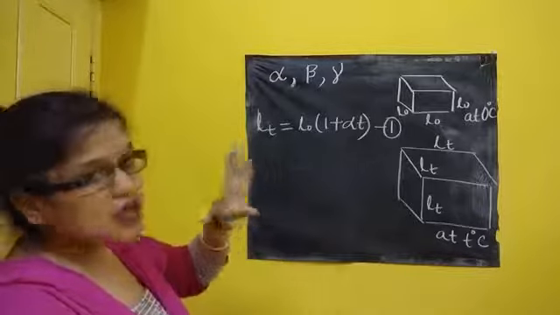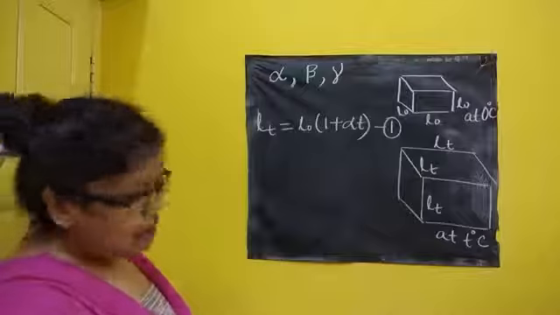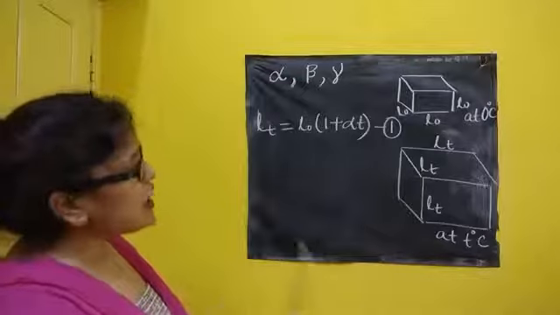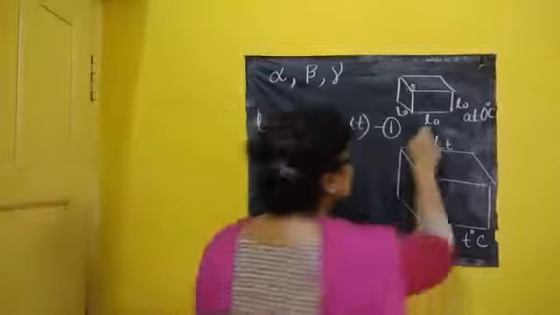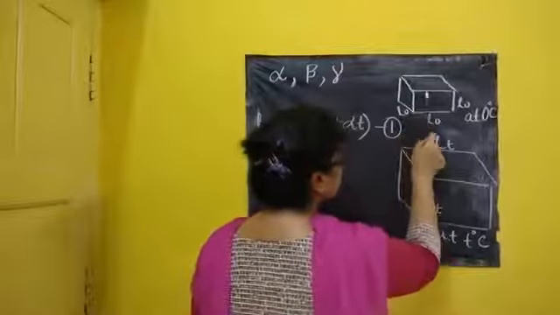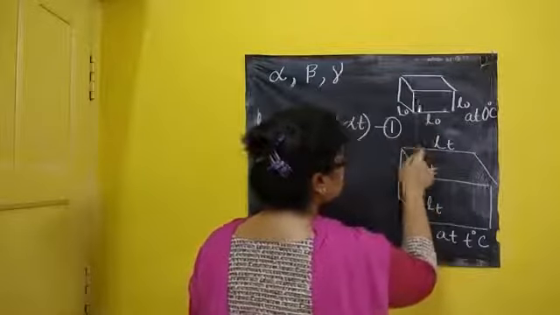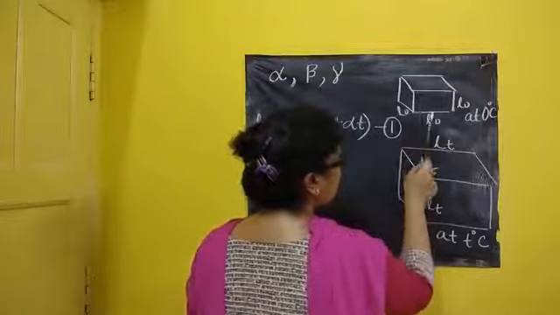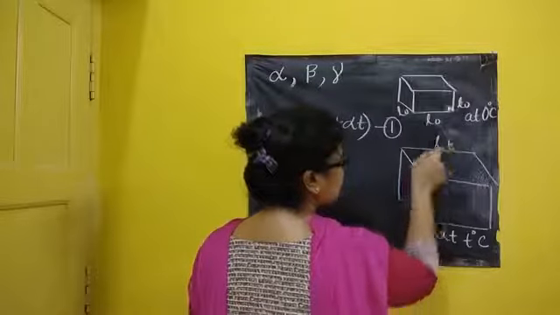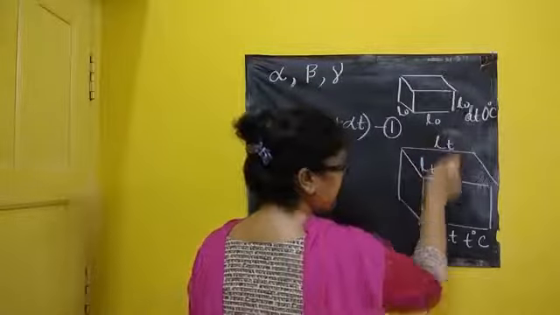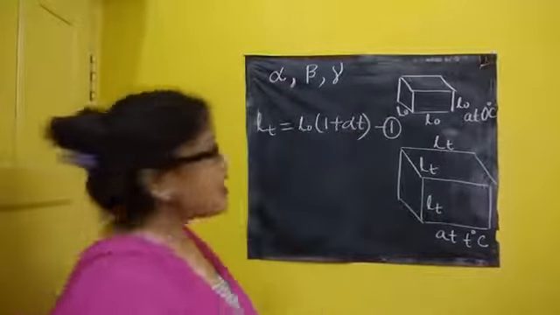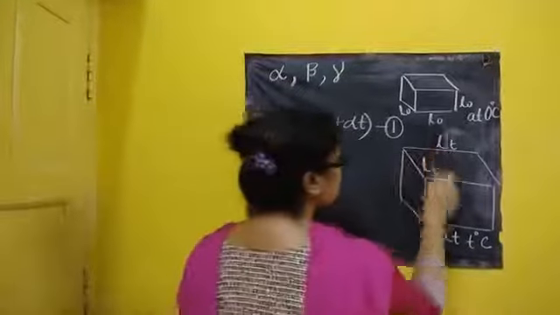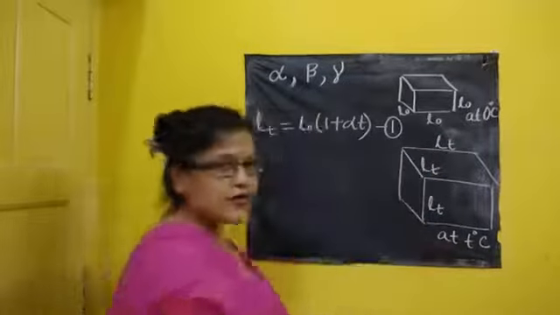Now let's consider the surface area. How much has the surface area changed? If this is the surface area I am considering, it is length into length: L0 square is the initial surface area and LT square is the final surface area.